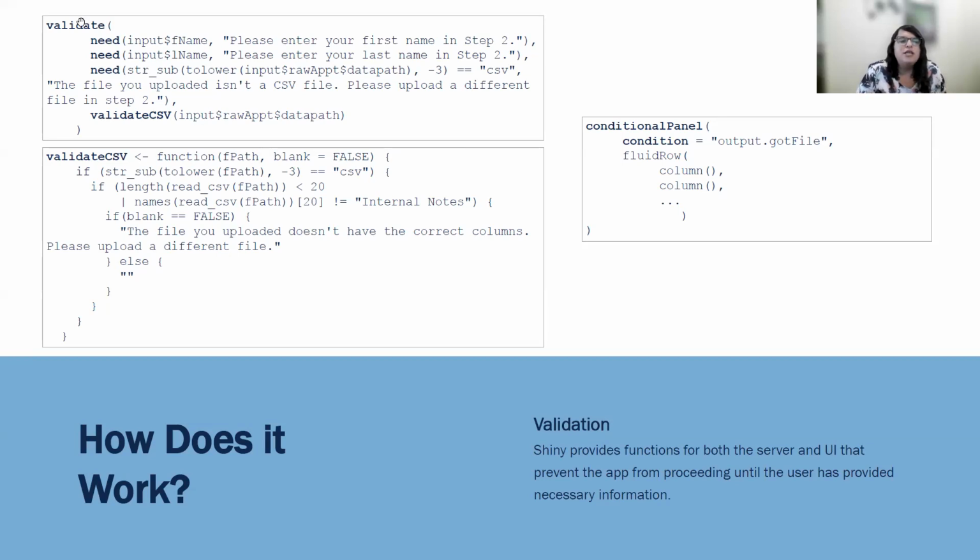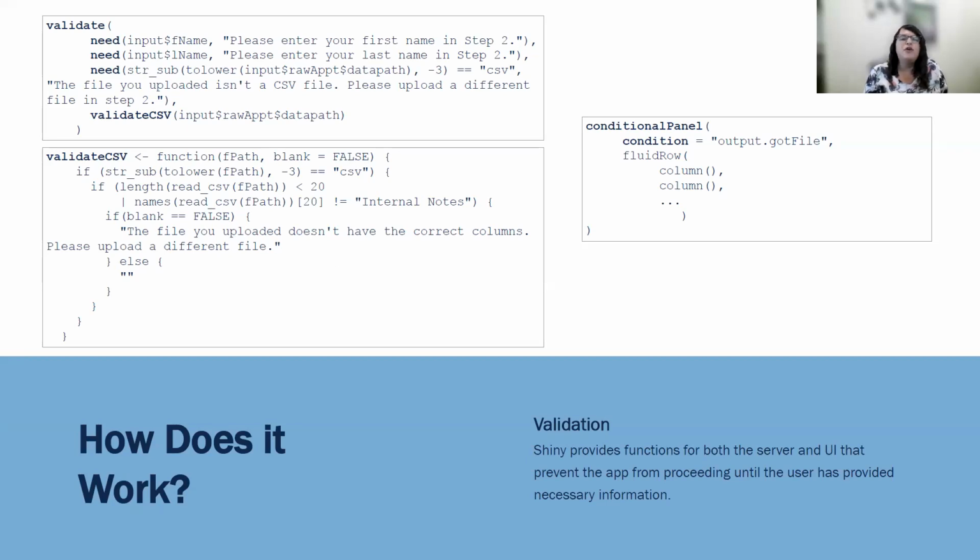And so what you can do with the validate function is actually add your own functions into it. This one is called validate CSV. This function checks the number of columns, it checks the column names, and if it doesn't satisfy the requirements for being the right kind of CSV file, it will give you the error message.